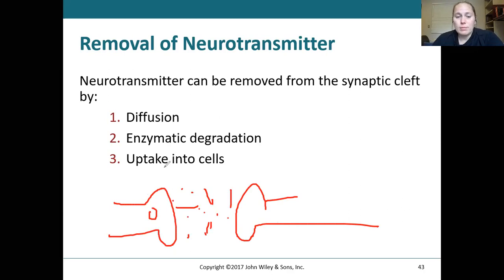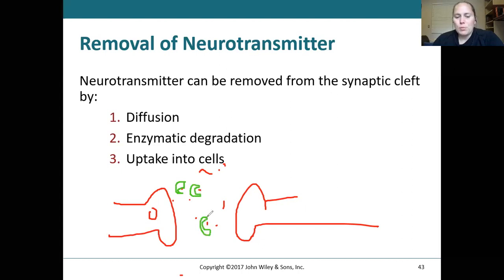So how do we get rid of that? Well, it can just diffuse away from the synapse, so it no longer hits this postsynaptic cell. The second way is enzymatic degradation, meaning that outside of that cell there is a little Pac-Man enzyme that basically eats up the neurotransmitter and breaks it down so it's no longer signaling.